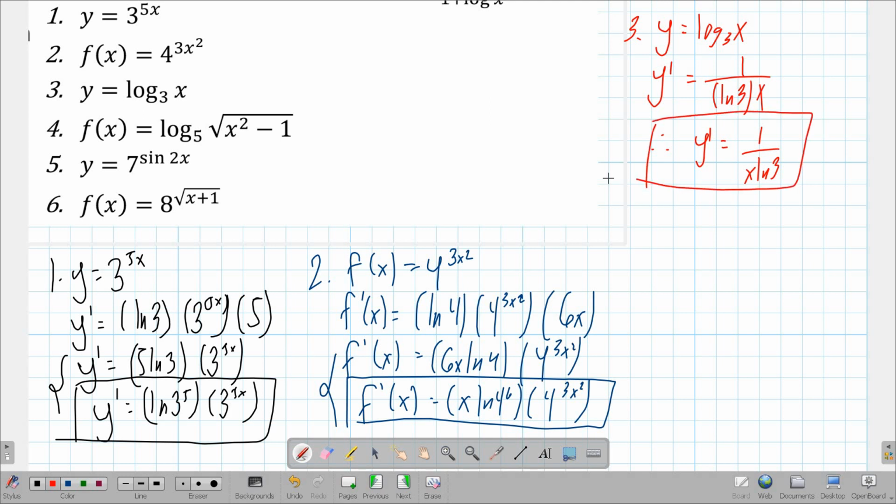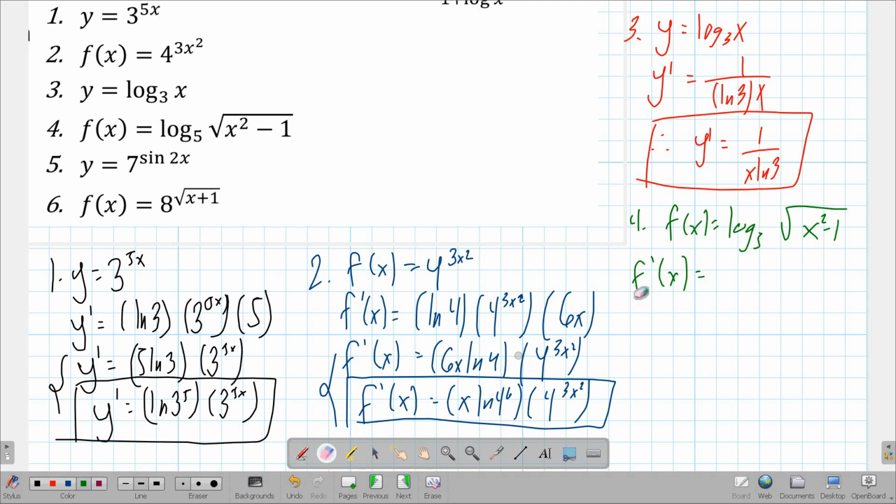If we're going to have a bit more complicated than that, we have number 4, f of x is equal to logarithm to the base 5 of the square root of x squared minus 1. So following our same rule, f prime of x becomes the derivative of the one on top.